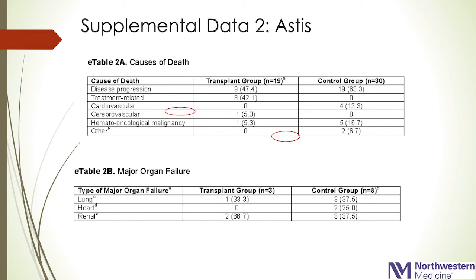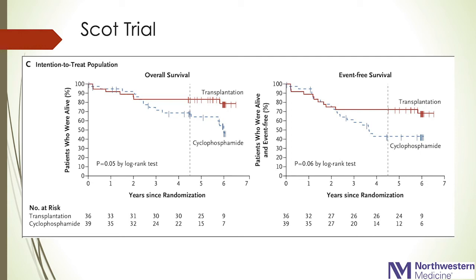So here, moving on to the Scott trial data, the same thing, except the transplant-related mortality, they actually listed it as 0 because they didn't have any patients in that trial who died right in the peri-transplant period, but over 2 years there was an increase in mortality, and a lot of these were complications of the transplant.